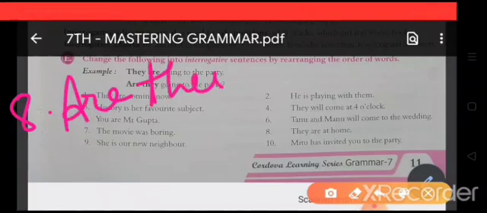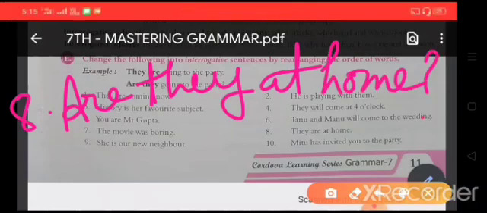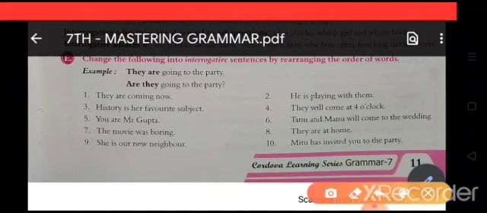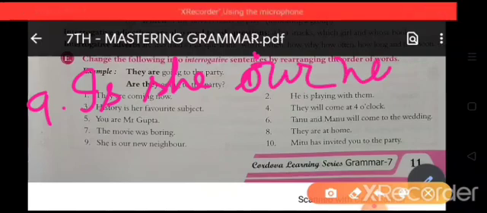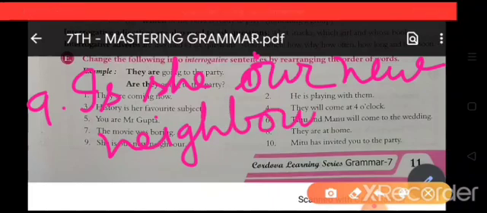Are they at home? Question mark. Ninth: she is our new neighbor. Is she our new neighbor?